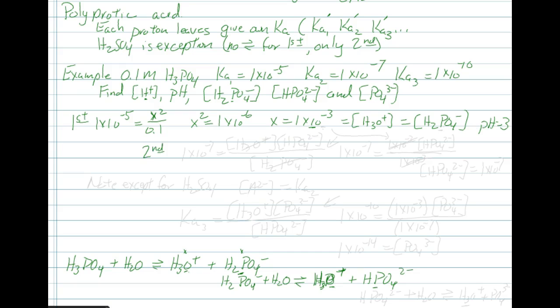So for the second ionization, 1 times 10 to the negative 7th equals the hydronium ion concentration times the HPO4 2 minus divided by the dihydrogen phosphate.